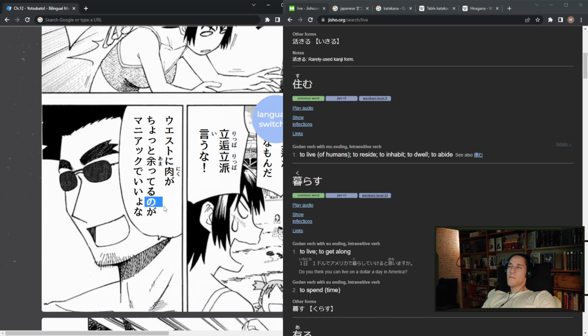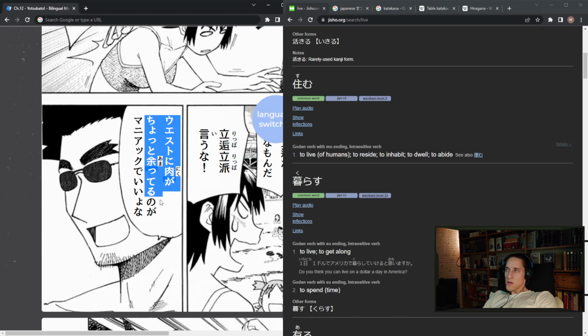Is this the grammar function where this no makes out of this whole thing a noun? So like name of the activity. Because there's no subject, but that's fine.